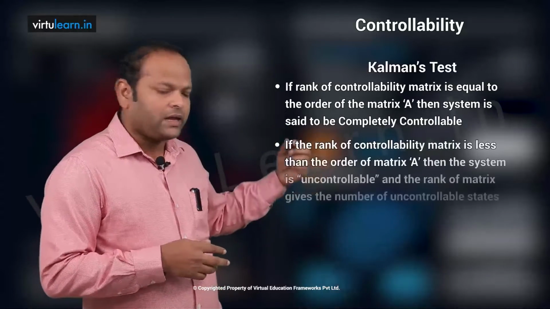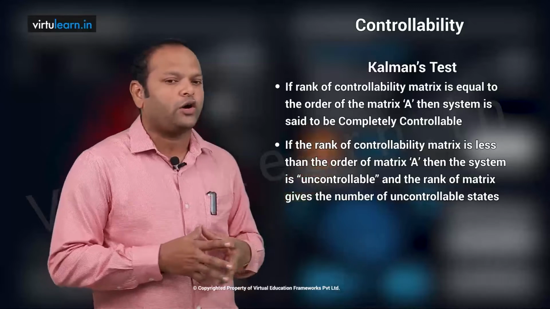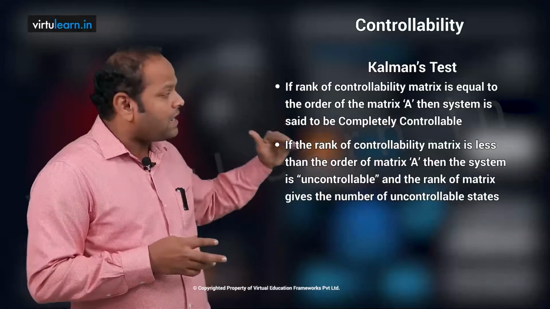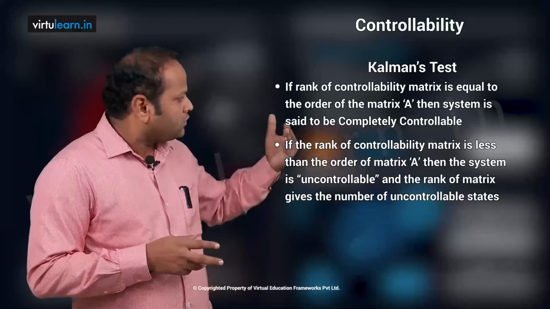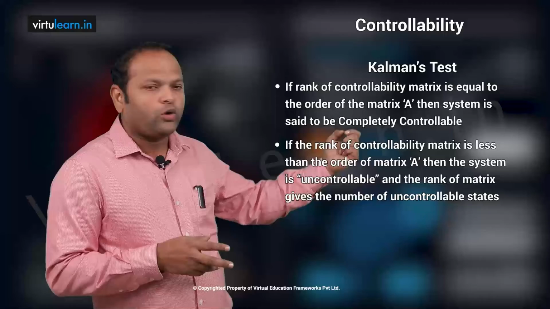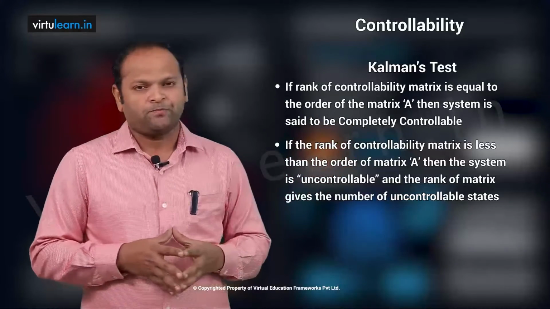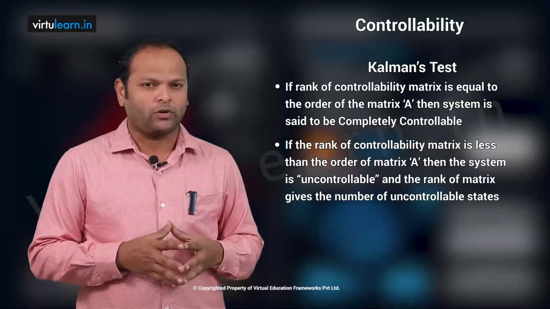If the rank of the controllability matrix is less than the order of the matrix, then it is uncontrollable. So we need to find the rank of the controllability matrix, and we already know the order of the A matrix. Then we compare these two. When these two are the same, then we say all my states are controllable.